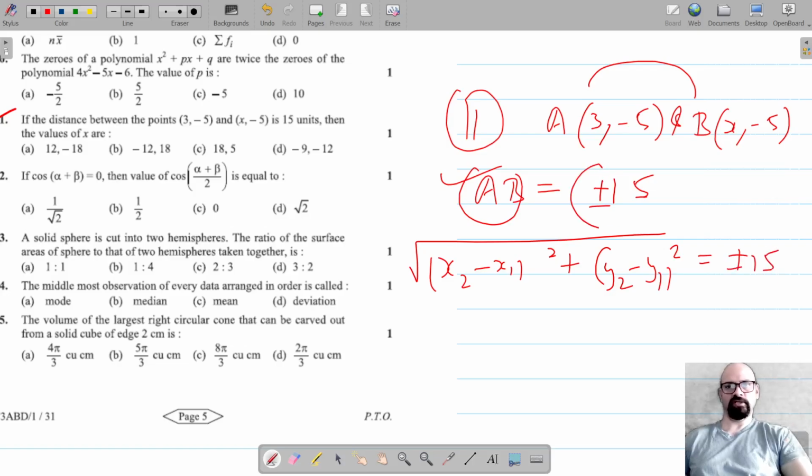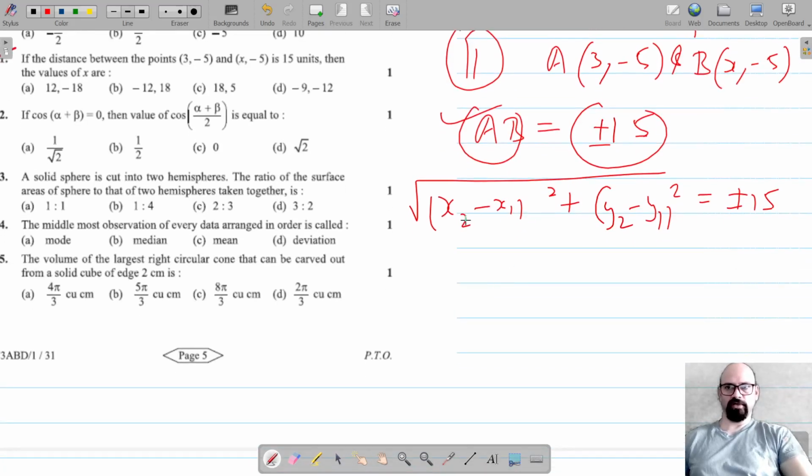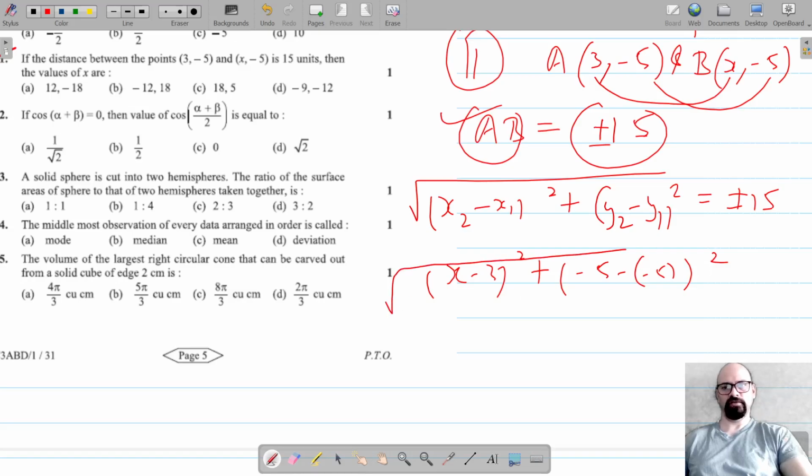So remember, we have to take plus minus 15 as per the direction. So x2 minus x1 is x minus 3 the whole square, plus y2 minus y1 is minus 5 minus of minus 5 the whole square, which becomes 0, all under root, equal to plus minus 15.